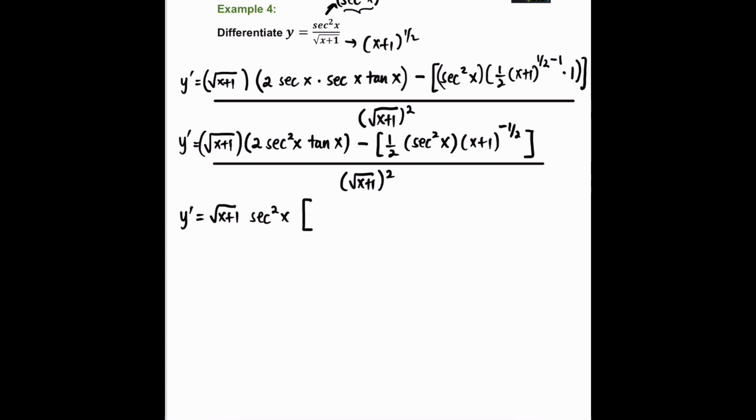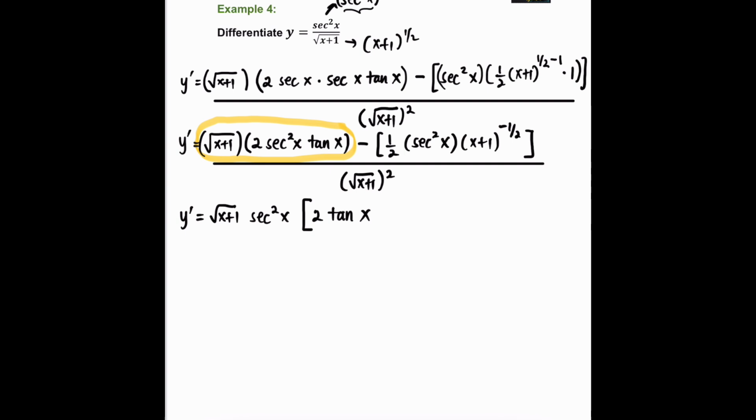All right, so if we take out square root of x plus 1 and secant squared x from this term, we will be left with 2 tangent x.